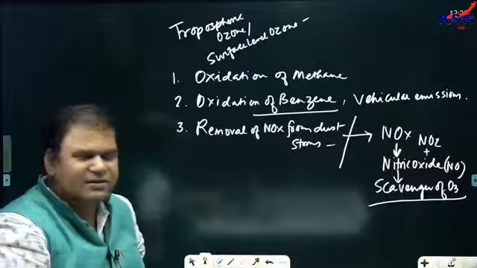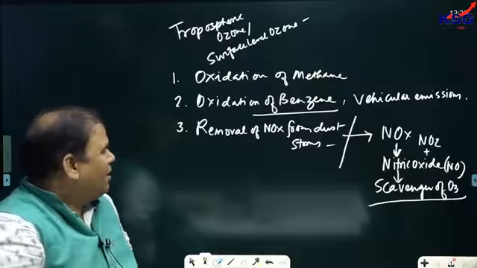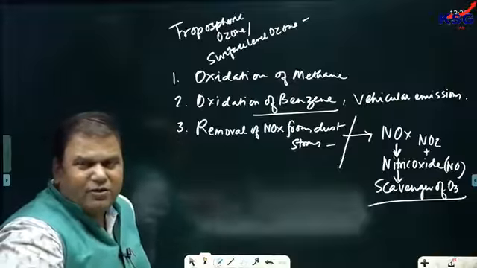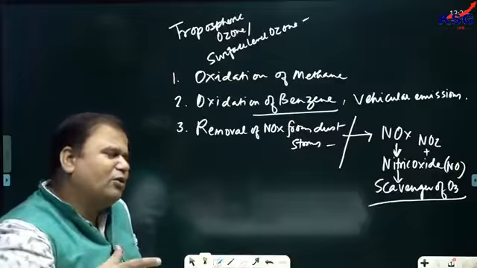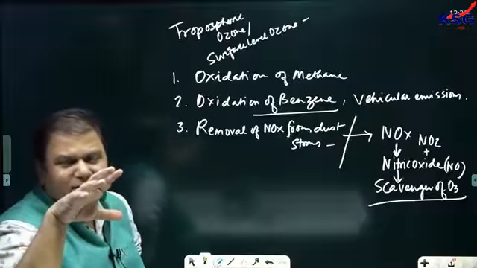Clear? So this was a reduction, and certainly the alarm bells were ringing. So immediately Vienna conference was organized, and we can see ozone depleting substances are what? So let's study all those substances.